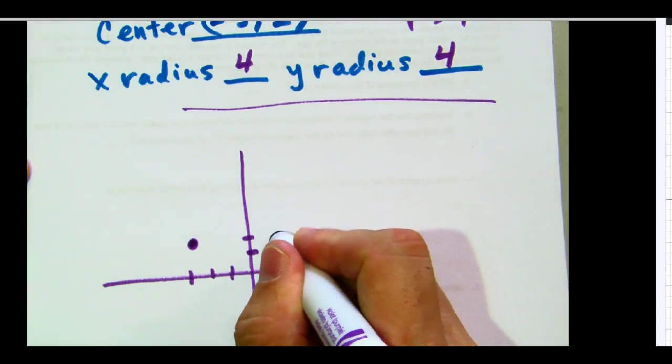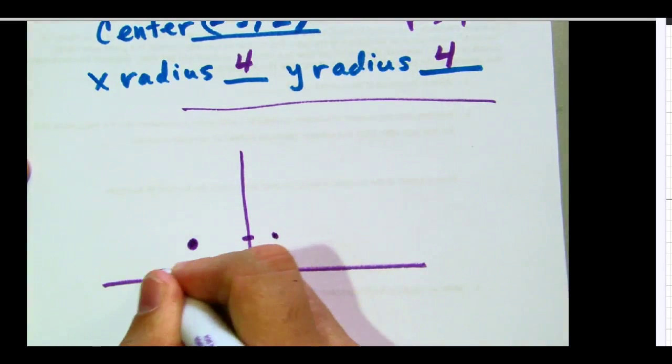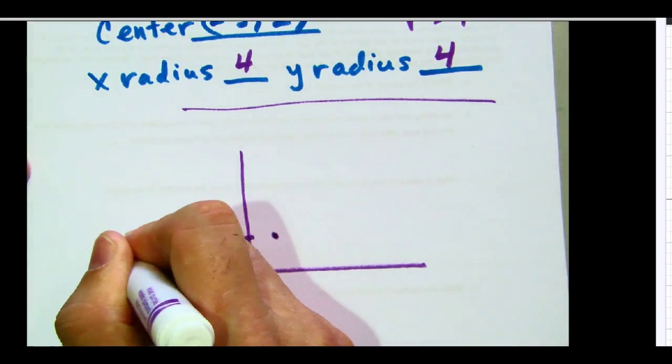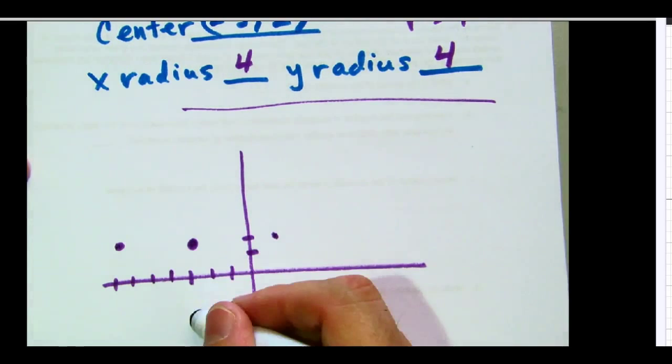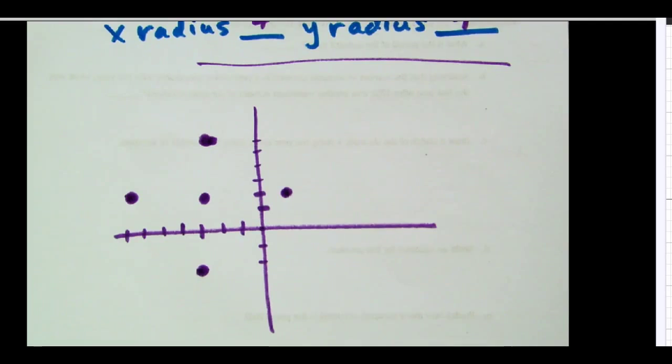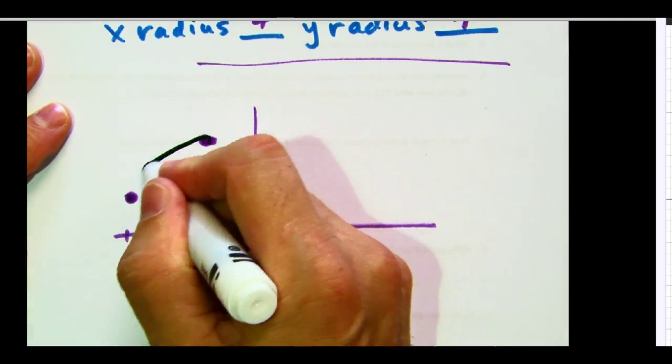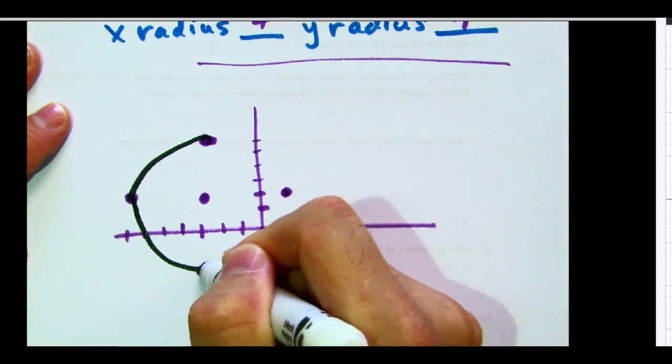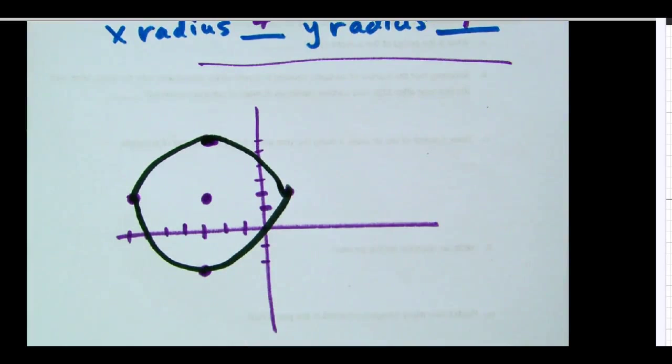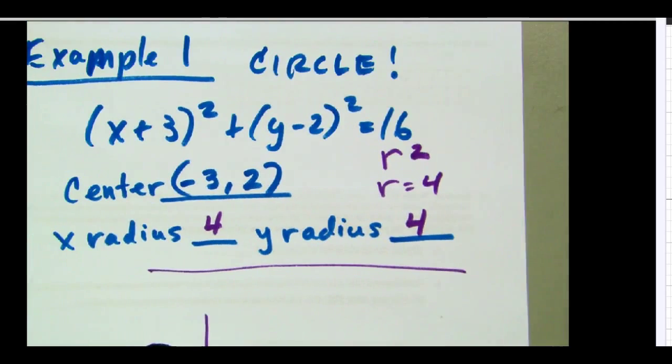So I'm going to go in this direction 4, this direction 4, and then down 4 and up 4. So I went each direction 4, and so I can just draw my circle. Not going to be great, but not bad. Okay? So there's your circle from this equation. There you go. Now we'll move on to the next one.